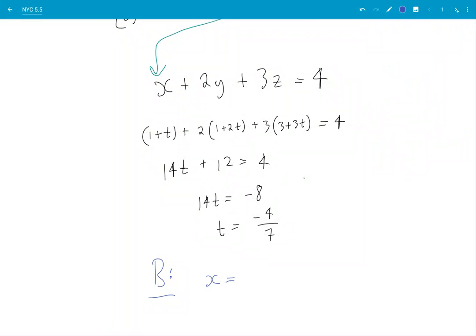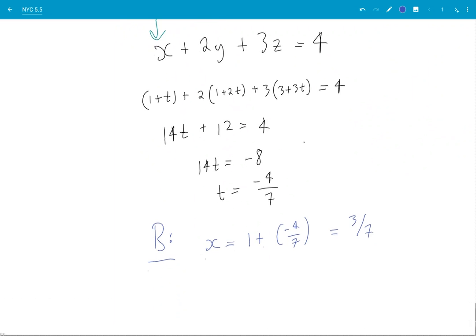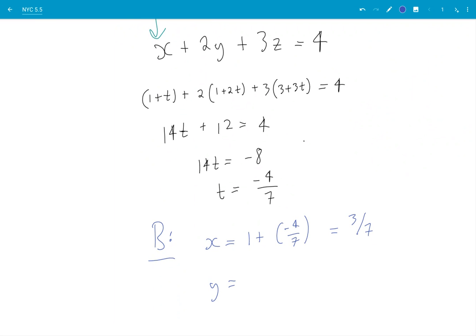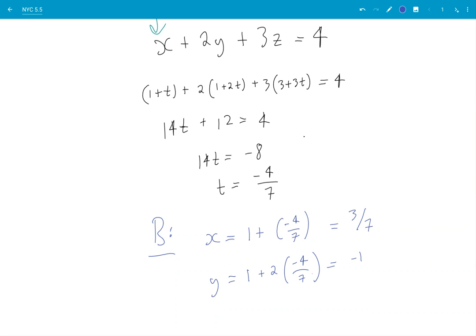So x is equal to 1 plus t, which is 3 over 7. Y is equal to 1 plus 2t, which is minus 1 over 7. Yep.